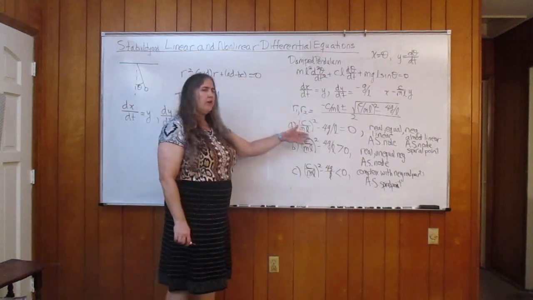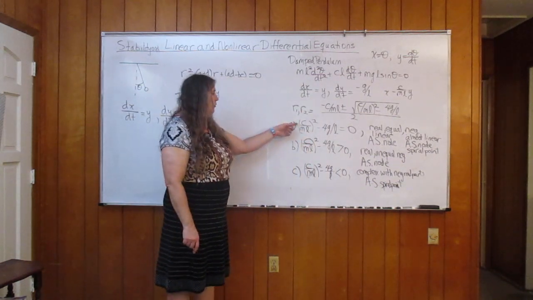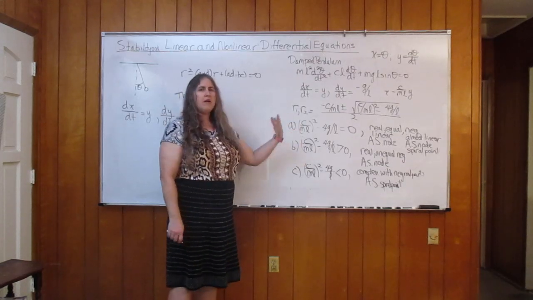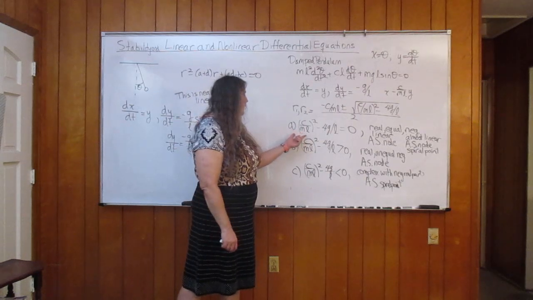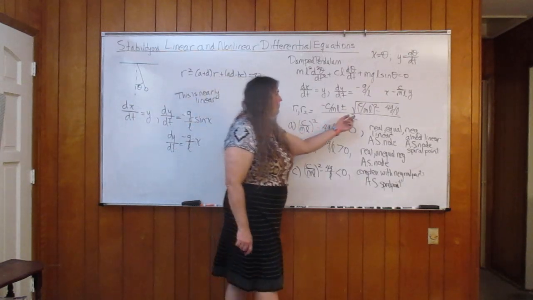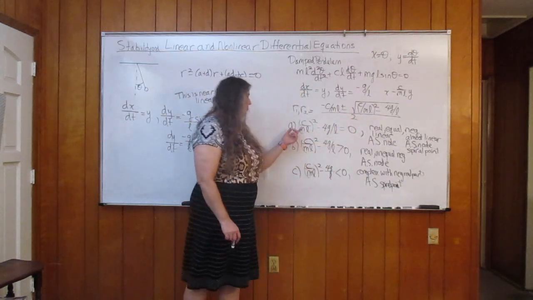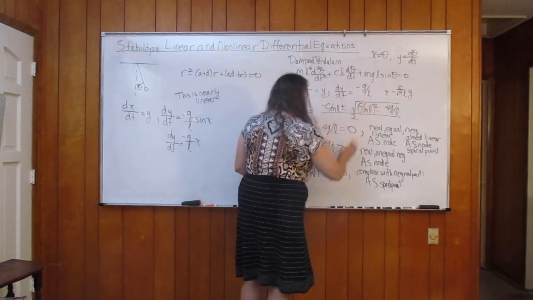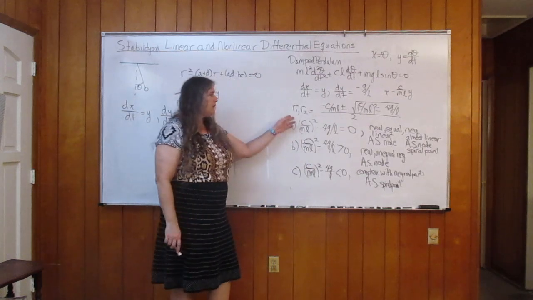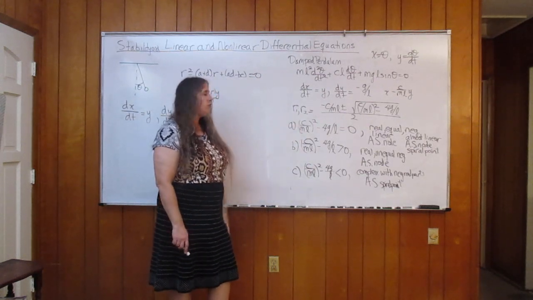Depending on the relative values of the damping coefficient c, the mass m, and the length of the pendulum. First possibility is that this value of the radical sign is just equal to 0. Well, if this is just equal to 0, then the roots are going to be equal to minus c over 2ml.